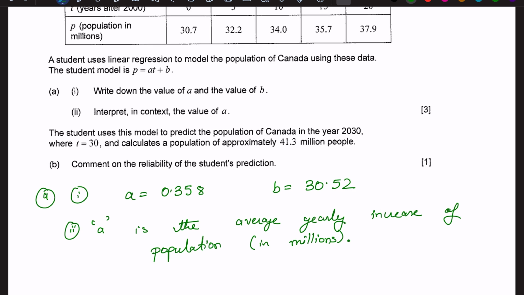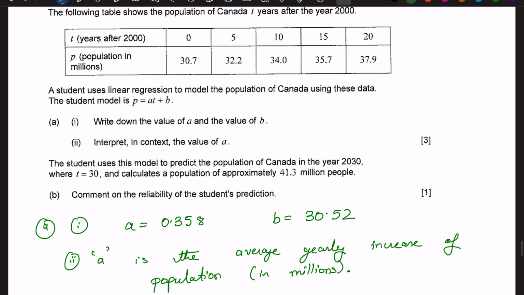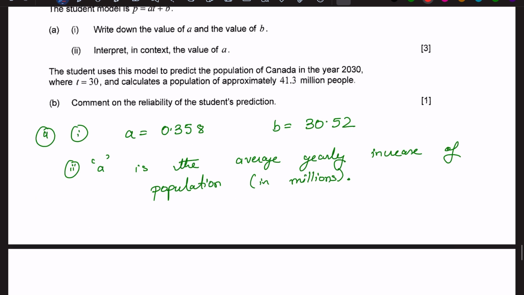Now the student uses this model to predict the population of Canada in the year 2030, where T is equal to 30, and calculates the population of approximately 41.3 million people. So we have to comment on the reliability of the student's prediction. Now the thing is, we are using a linear model here, and linear models are actually pretty simple models, and they cannot be applied over larger periods of time, because if T becomes huge, the population also will become huge, which is kind of not true. So to comment on it, I'll say linear models are too simplistic over longer periods of time.